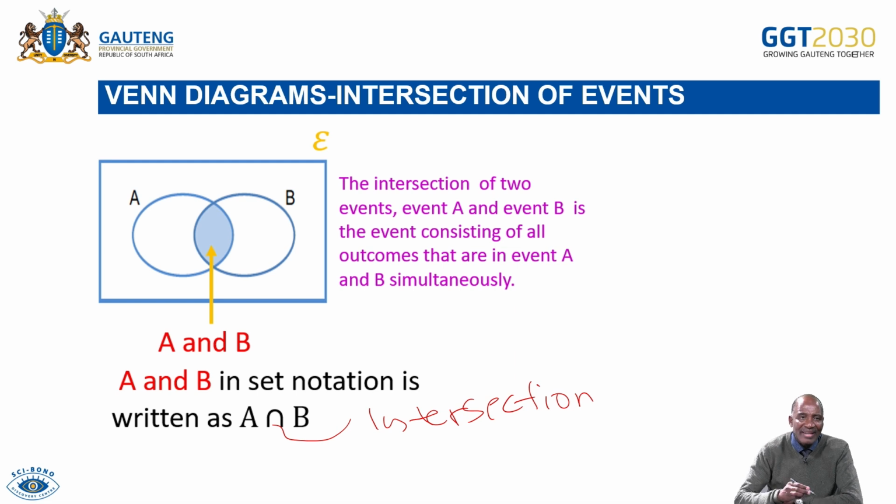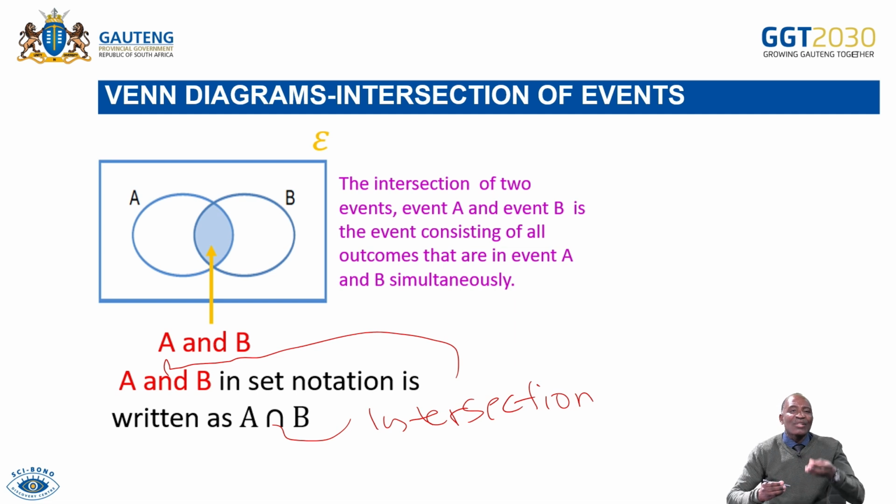In terms of Venn diagrams, we say A intersection B, but most books will say A and B. In our syllabus, they will say A and B. According to our CAPS document, we are using AND instead of that symbol. So whenever you see that symbol facing down, it's the same as saying A and B, and it's that shaded region.